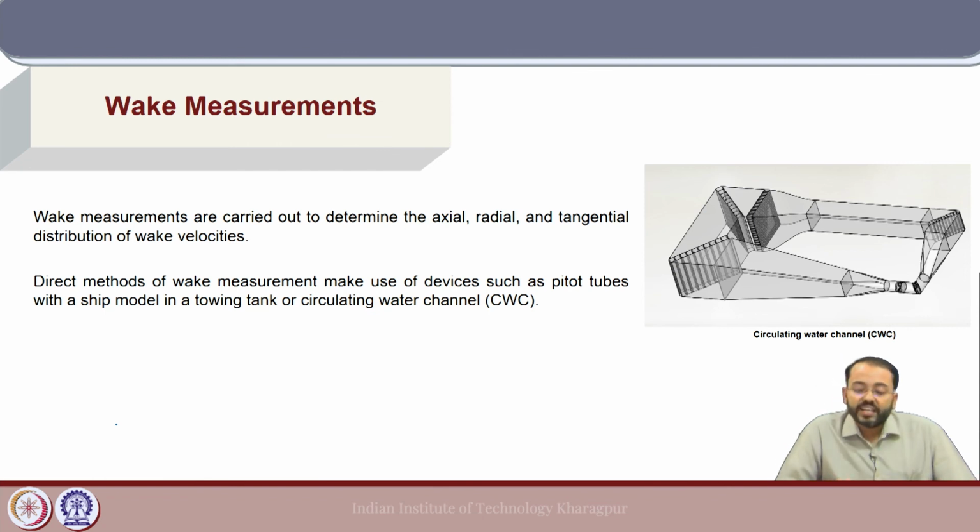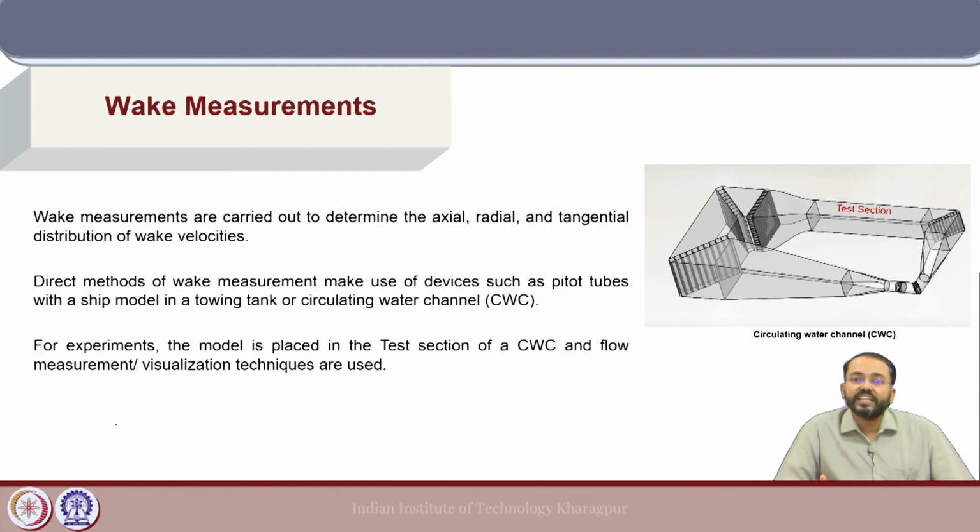So, it can be done using a circulating water channel, as we have seen earlier, and these channels have a test section where we can keep the body of interest, in this case the model, and behind that some flow measurement device like pitot tubes can be used to estimate the velocities which are measured in three different directions, basically in the axial, radial and tangential directions on the propeller plane, to estimate the nominal wake field behind the ship.